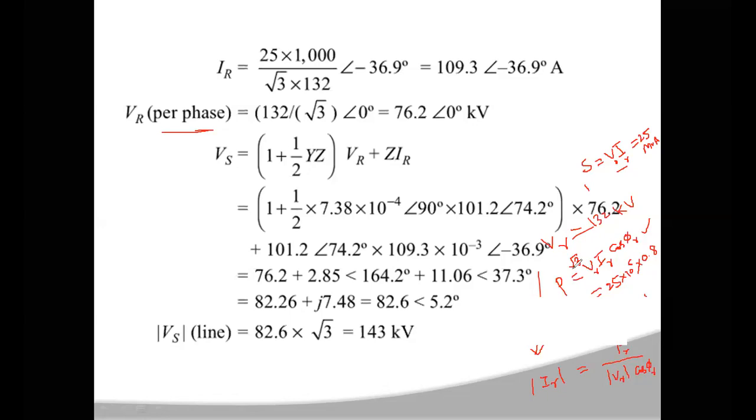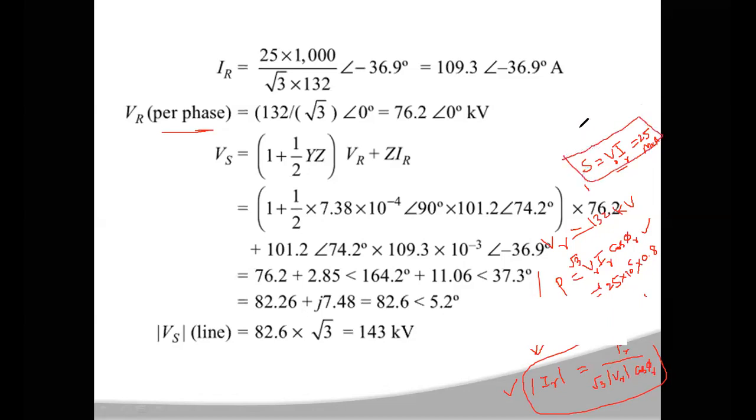So P is equal to root 3 VR IR cos phi R. So again you have to multiply by root 3. Then the magnitude of current IR can be PR by root 3 into VR into cos phi, or from this formula itself you can calculate.